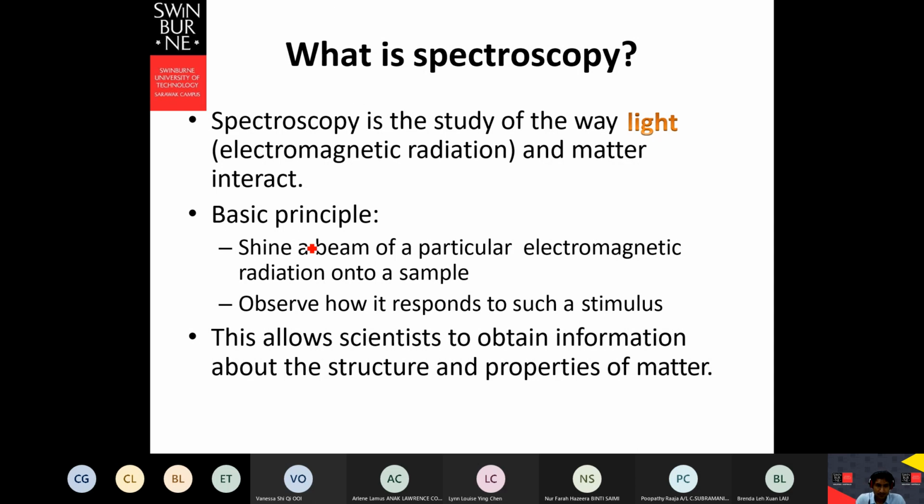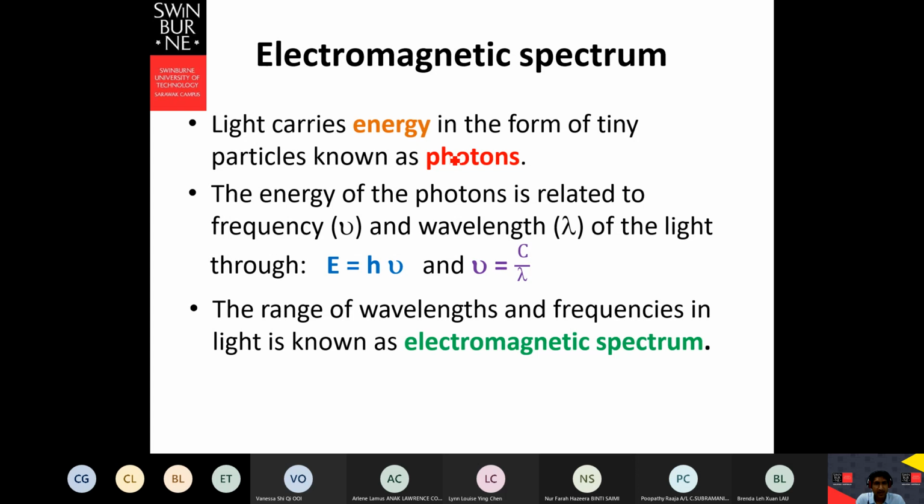This is how it is interacting, and the energy carried in particle form is known as a photon. It's complicated, but let's say that light is coming as a waveform. For our case, we are seeing it as a waveform.